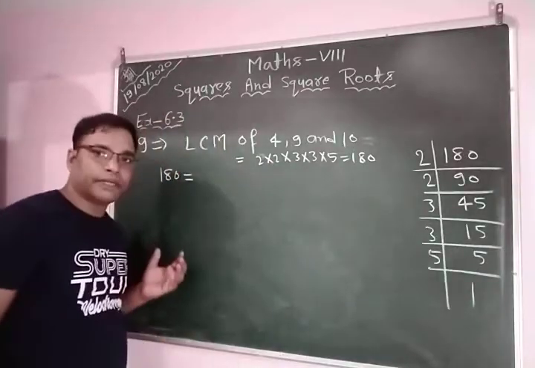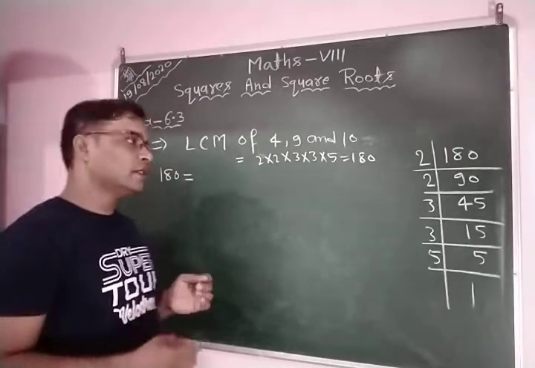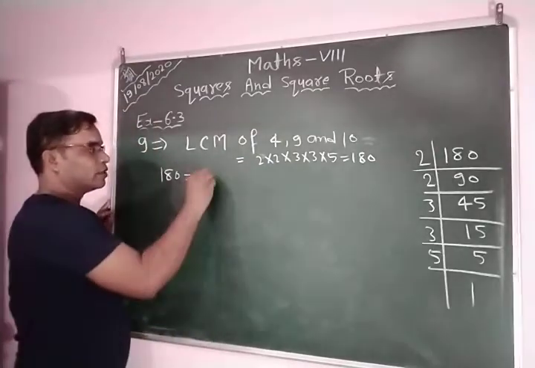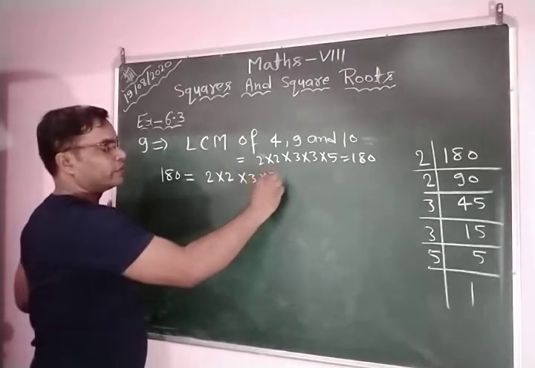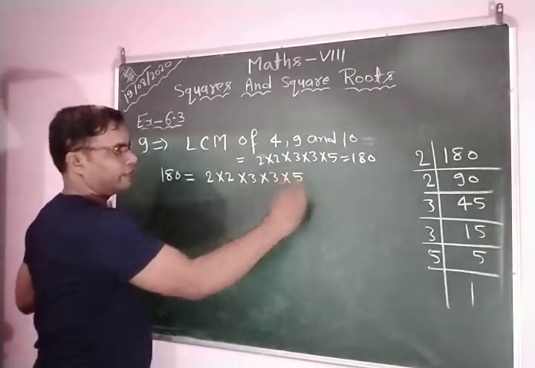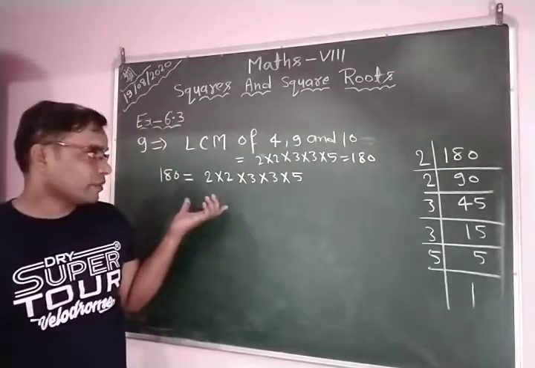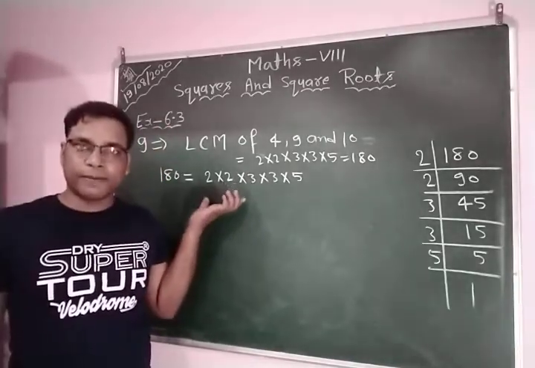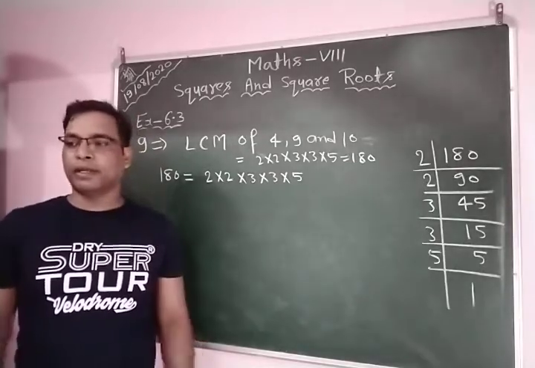Now we can express 180 as a product of prime factors: 2 into 2 into 3 into 3 into 5.